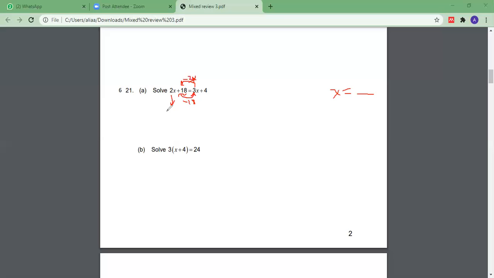First of all, 2x will be written as it is, 2x. I crossed out 18 and I wrote instead of it -3x, equal. I crossed out 3x and I wrote instead of it -18 plus 4.